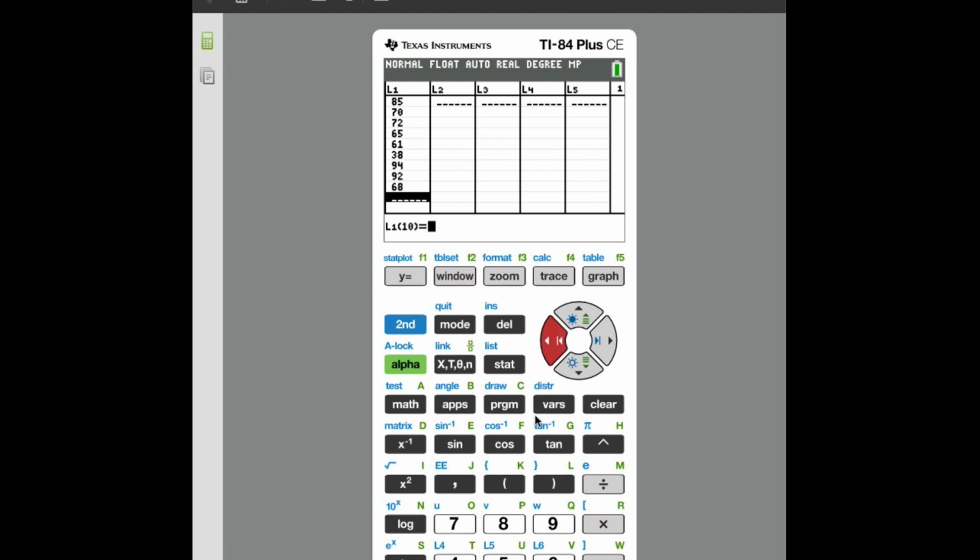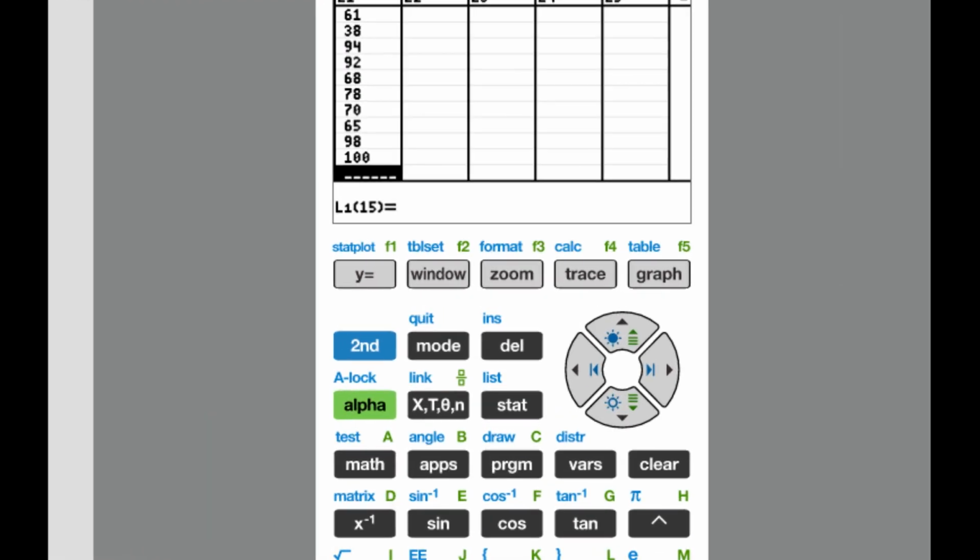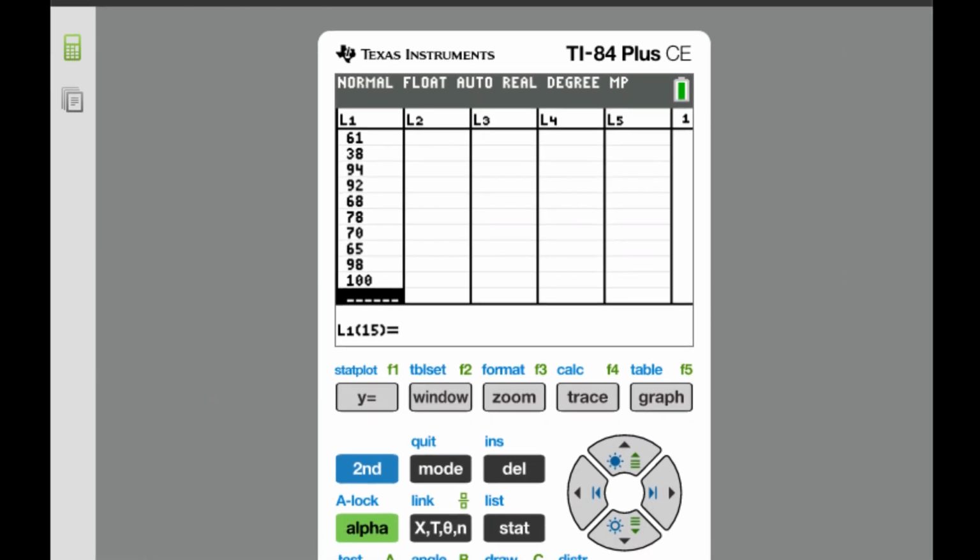Oops, not 4. 78. Is that right? 70, 65, 98, followed by the number what? 100. Okay? So did you guys enter this data into L1? Okay? You guys with me?